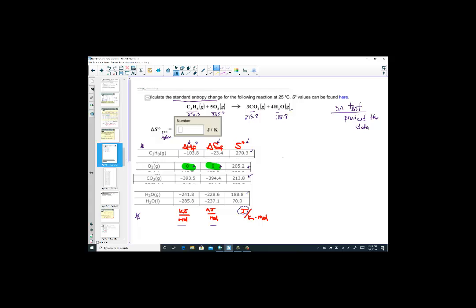0 entropy was assigned in the third law of thermodynamics as any pure crystalline solid at 0 Kelvin. Remember, these are at 25 degrees Celsius. So as we warm from 0 Kelvin, 298 Kelvin is the, let me write that so it makes sense. 0 Kelvin has 0 for its entropy.